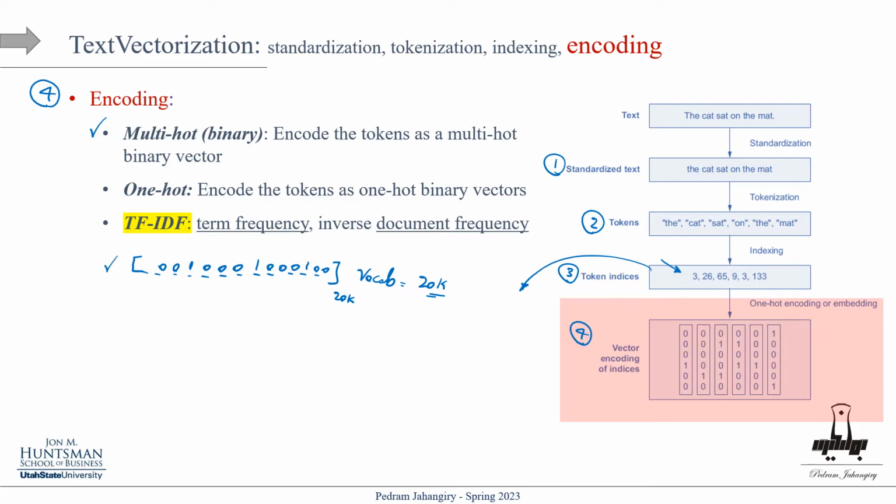So this is called multi-hot or binary encoding. Okay, the next one is one-hot encoding. We take these numbers and change them into 1s and 0s. This is going to be super high dimensional, because we have 20,000 features now. So for every vocabulary word, word 1, word 2, and so on, we have 20,000 of them, and we come up with 20,000 vectors.